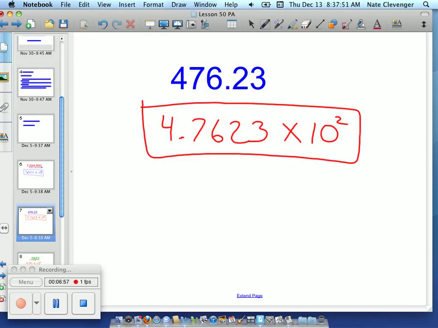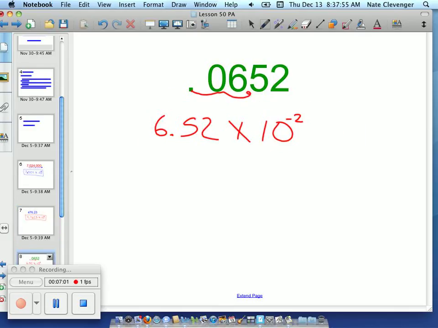When you start with a decimal value less than 1, then the exponent on your 10 is going to be a negative exponent. I used to try to teach you to move it this way in this situation. You don't need to do that. You just need to know if it's greater than 1, it's a positive exponent. If it's less than 1, then it's a negative exponent.